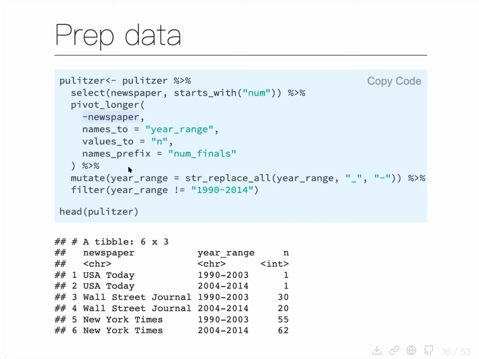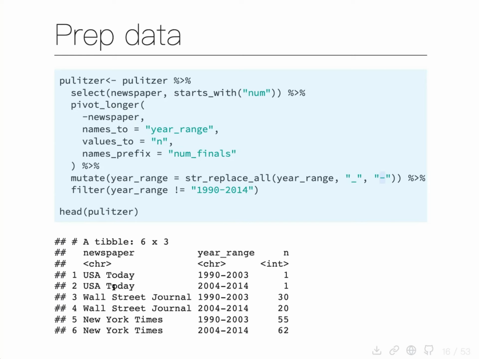Then I'm going to say mutate year range. We're going to use string replace all, so in that year range column, I'm going to replace all of the underscores with dashes. And then finally, I'm going to filter where year range does not equal 1990 to 2014. The reason for that is because we have two separate ones that are for different ranges, so that's the entire range versus two separate ranges.